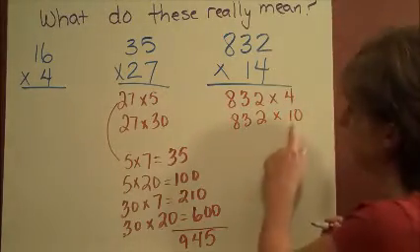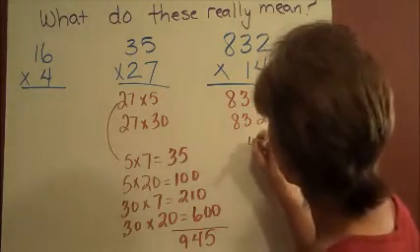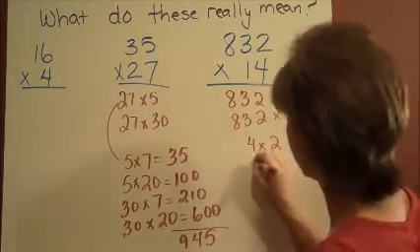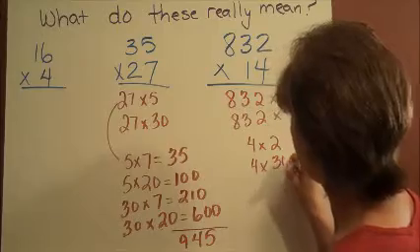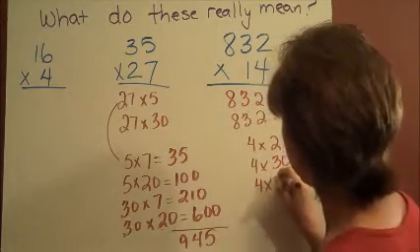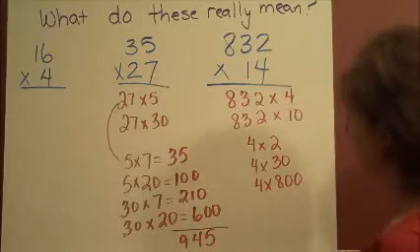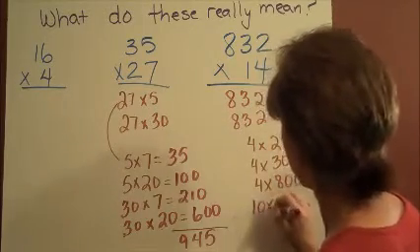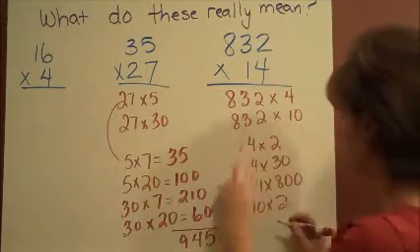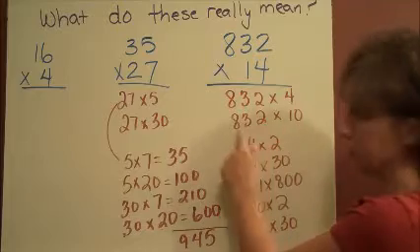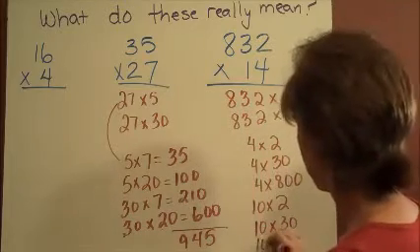Well, that means that I would do 4 groups of 2 and 4 groups of 30 and 4 groups of 800. Then I would do 10 groups of 2 and 10 groups of 30 and 10 groups of 800.